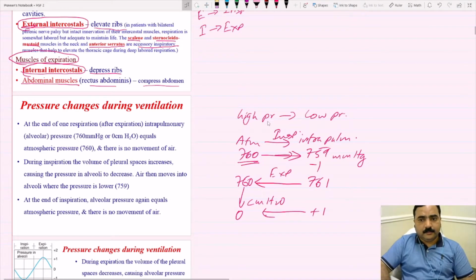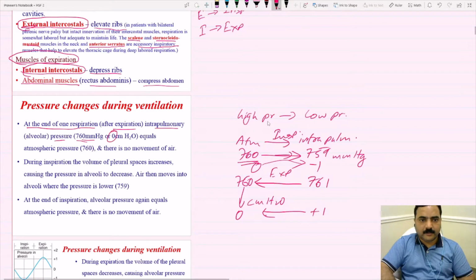That's the normal concept of using 0, plus 1 and minus 1. Plus 1 means the air will move from plus 1 towards the 0, that is, towards the atmosphere, and vice versa. If it is minus 1 and here it is 0, the air moves from 0 to minus 1. So let's see: at the end of one respiration, after the expiration, the intrapulmonary pressure will be equal to 0.